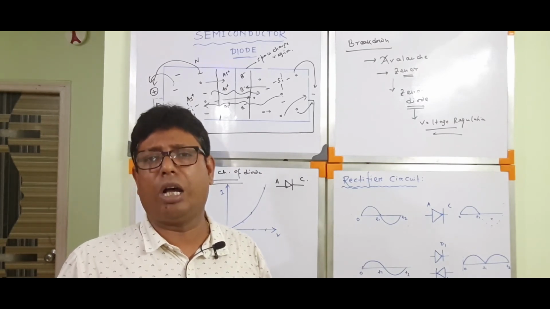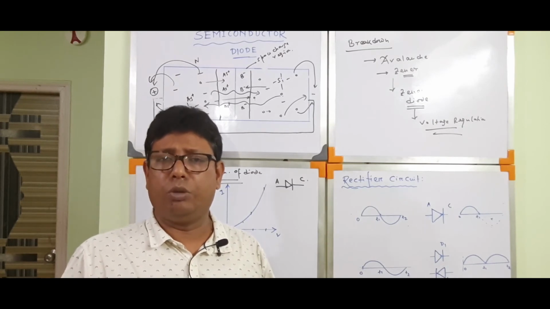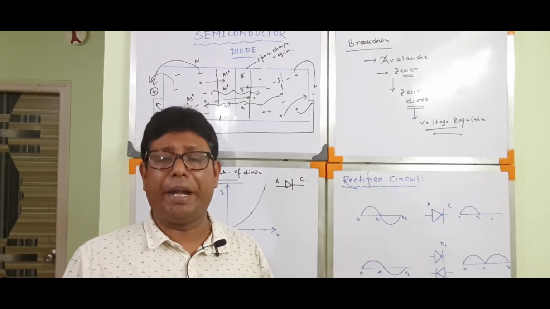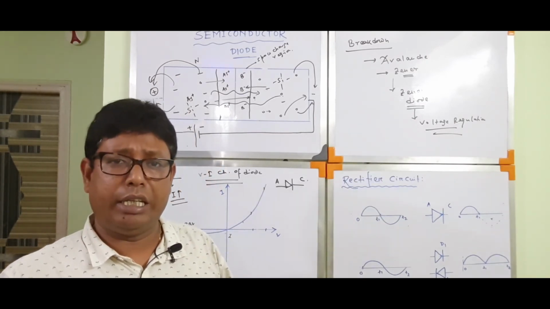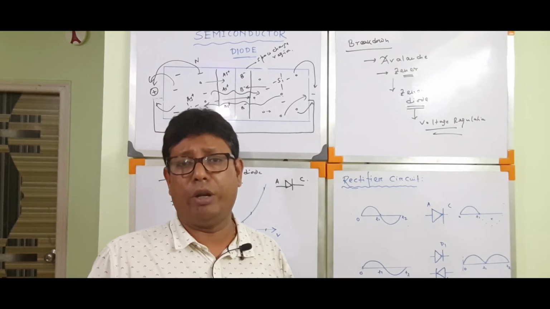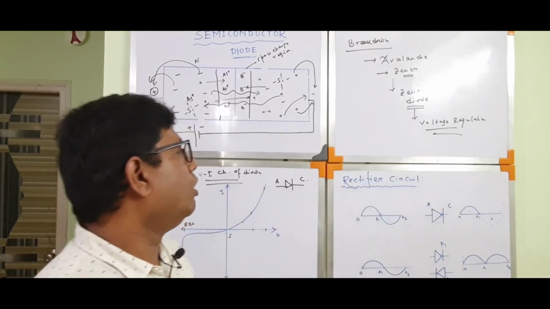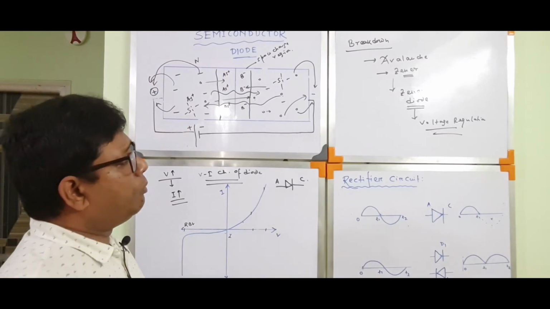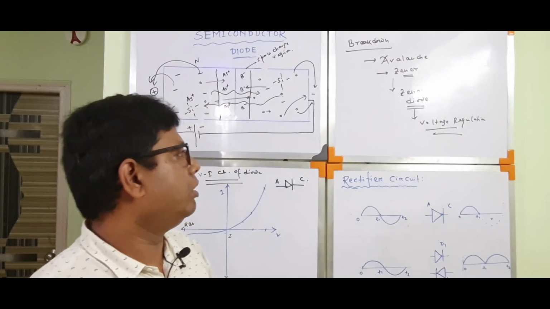It will change due to the load current, and due to the value of the impedance. But if the output voltage is constant, then the output voltage is regulated. And for that reason we are interested in the Zener diode. The voltage regulation is achieved by using the Zener diode.